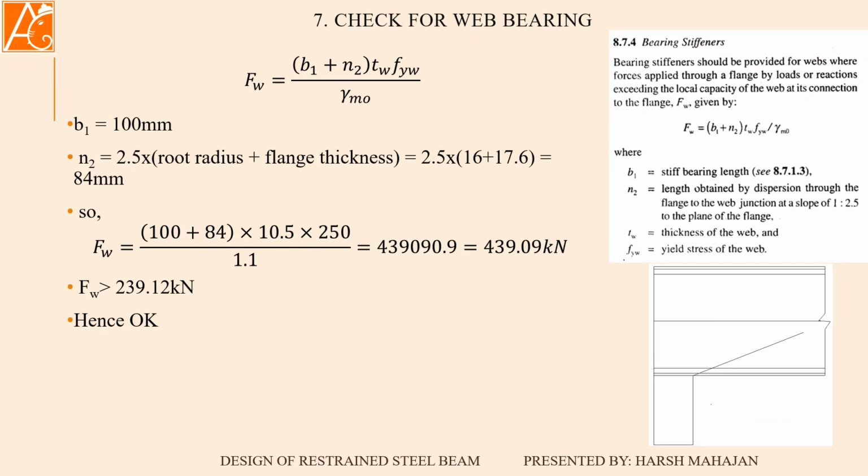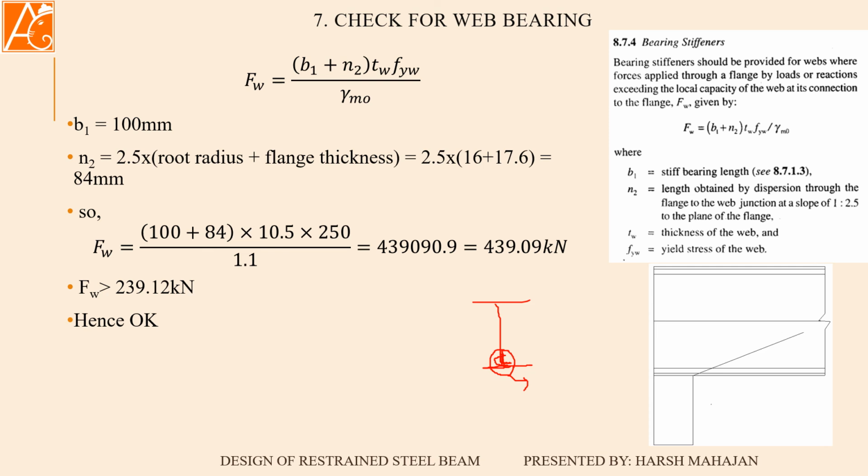And the last step is to check for web bearing. For an I section, due to heavy stress at the end, there will be some crippling of the web, some deformation due to heavy load at the junction point of the flange and the web.